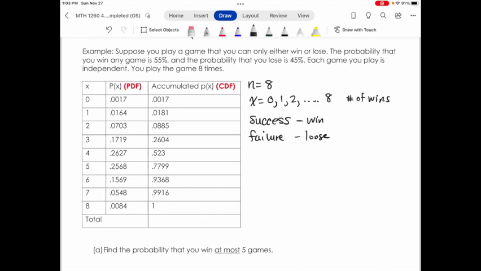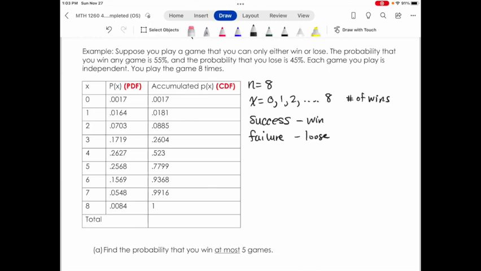If you look at this chart, in the first column I have listed all the possible values of x, so 0 through 8. The second column, where it lists all the probabilities, is the PDF because it's the probability of that specific value of x. For example, that first probability, 0.0017, is specifically the probability that you have 0 wins.